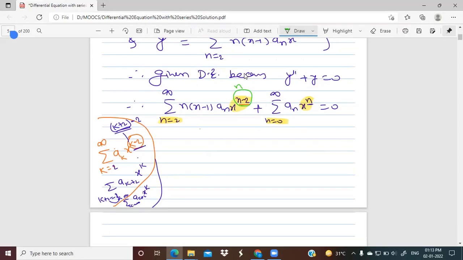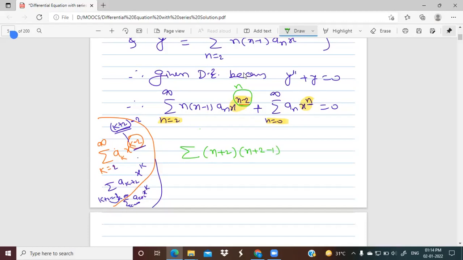replacing n by n plus 2. Anywhere we are getting this n, replace this n by n plus 2. Here I will write summation, n plus 2 replaced, here it is n minus 1. I am replacing n by n plus 2.